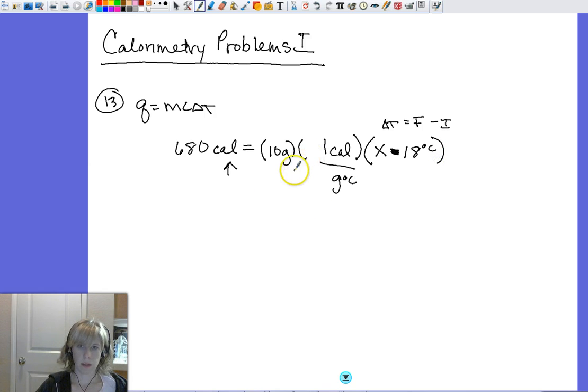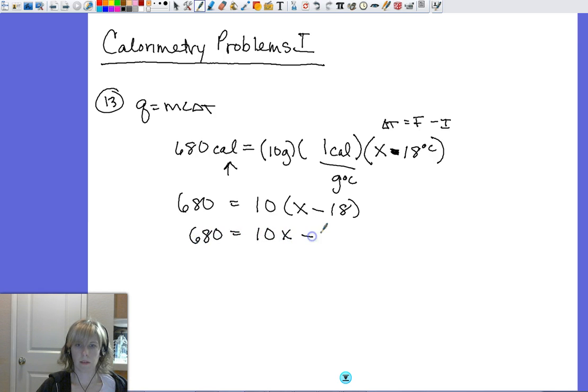Once we do that, we can do simplifying. So we have 680 equals 10 times x minus 18, and 680 equals 10x minus 180, so I just distributed that 10 over to each one. Now I'm going to add 180 to get rid of that. And let's see, we take our handy dandy calculator.